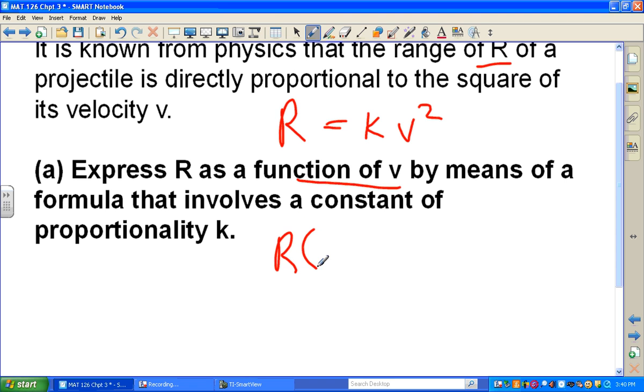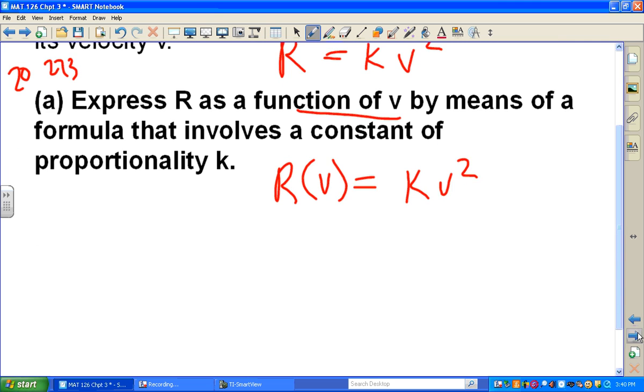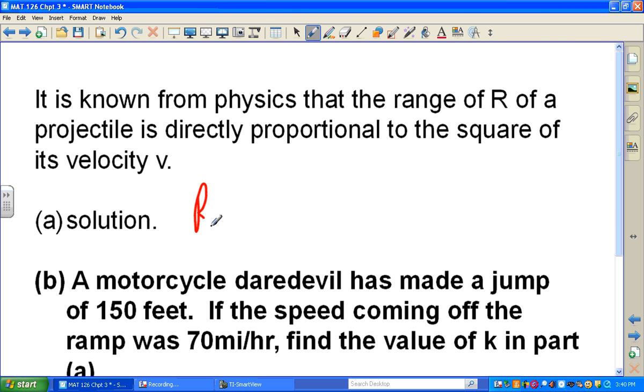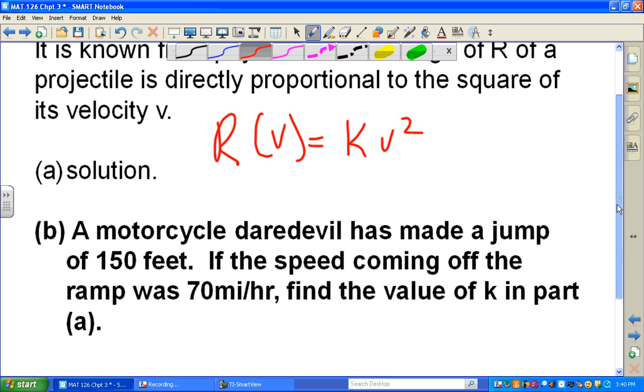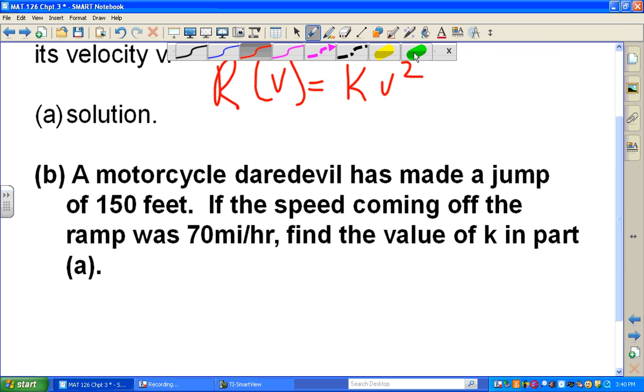It says R is a function of v. R of v equals kv squared. That wasn't too difficult. Again, this is number 20 on page 273. Okay. A motorcycle has made a jump of 150 feet.